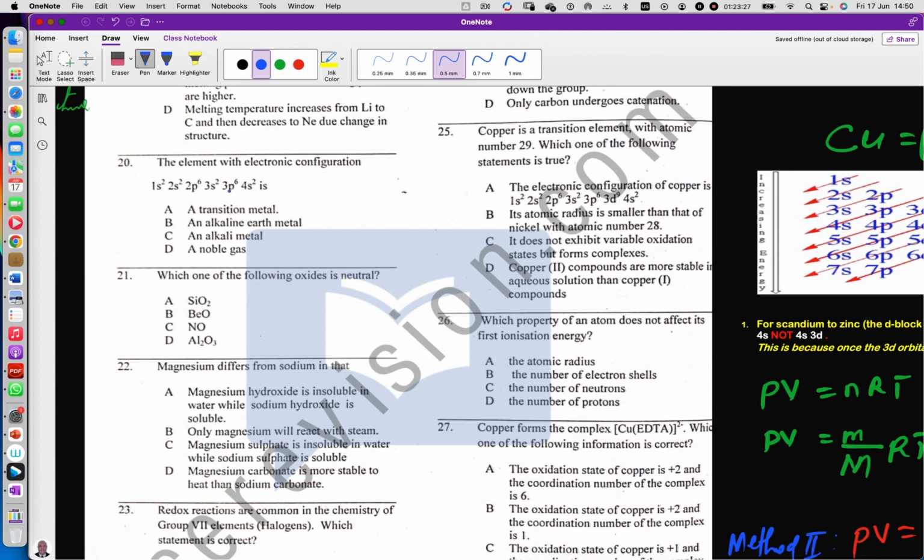Its atomic radius is smaller than that of nickel, with atomic number of 28. Yeah, copper has 29 and nickel is 28, so nickel comes before copper. And we are saying that atomic radius does what?